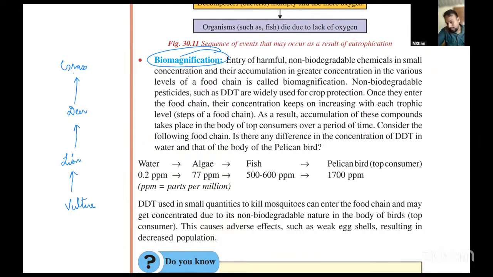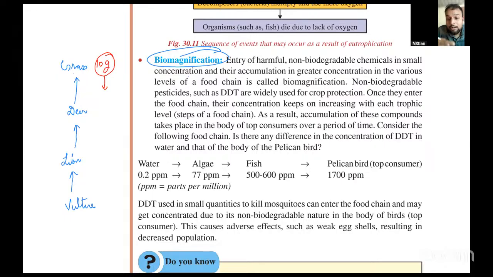For example, there is grass, and because we use pesticides and insecticides, it's a chemical. Say I use 10 gram of chemicals on the grass. Now the deer will eat that grass, which means the deer will get 10 grams from the grass.